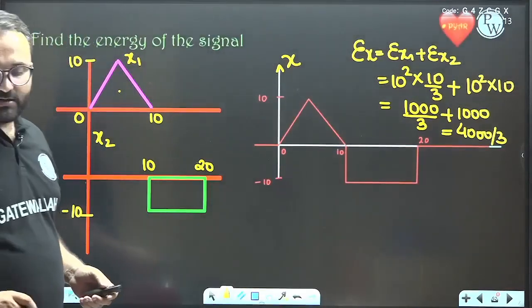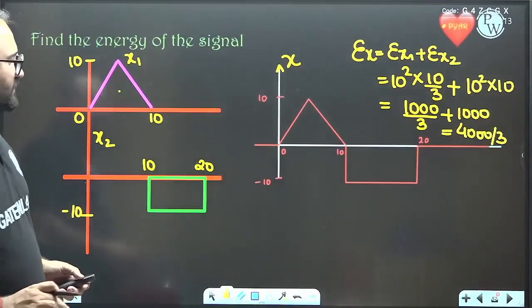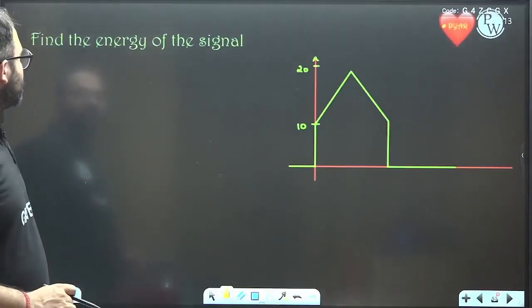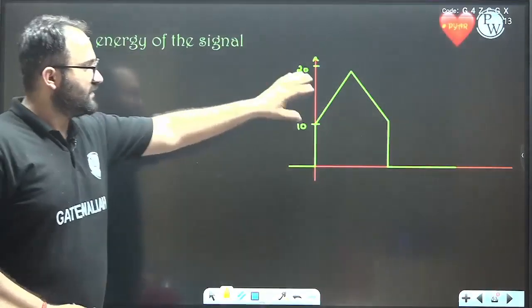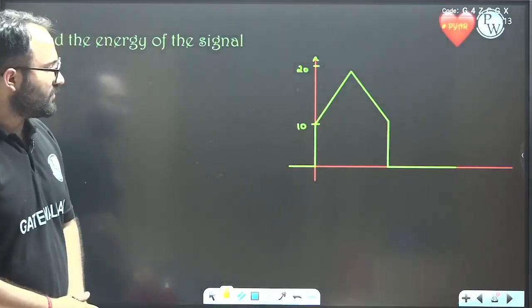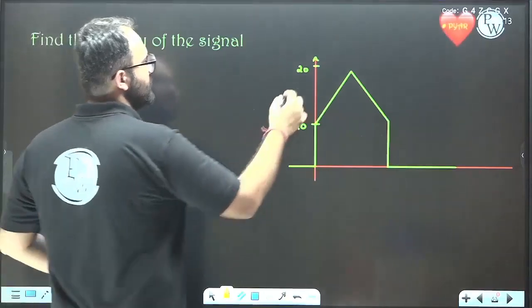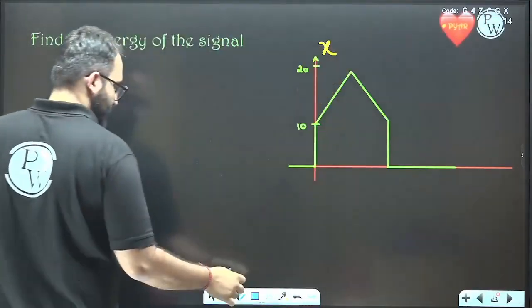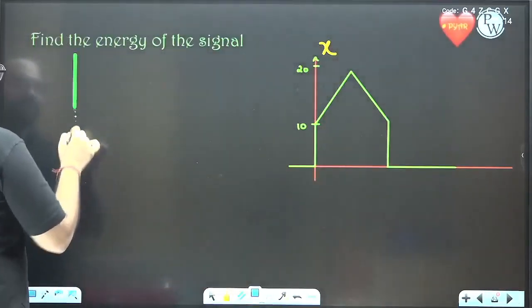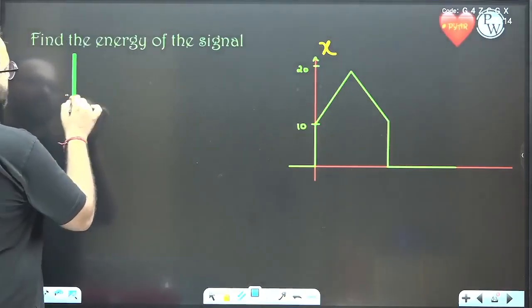This is a method by which we can solve many questions very easily. Second, we have to find the energy of this signal. We can see that this whole signal x can be written as the sum of two signals.